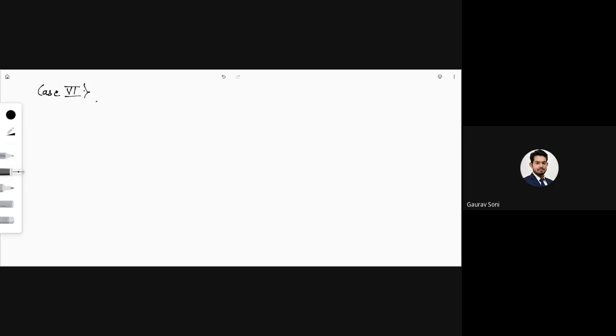The case number 6 is that if f of x is equal to x into v, where v is a function of x, then 1 upon phi of D acting on x into v.